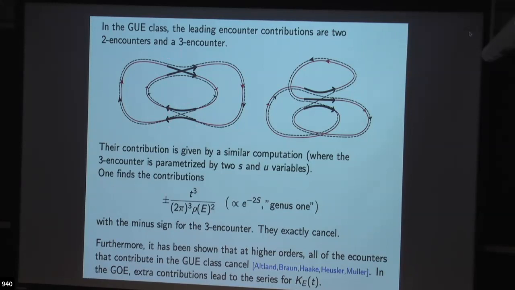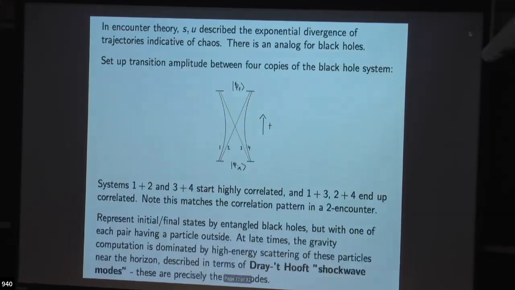We saw it show up in JT gravity. I skipped a slide where I talk about that, in fact. Basically, the geometry in that region is like the geometry that would appear in the 4-point out of time order correlator computation. And the S and U phase-space separation variables are basically precisely the shock wave modes in the gravity calculation of that correlator.